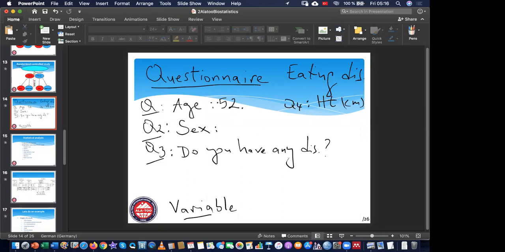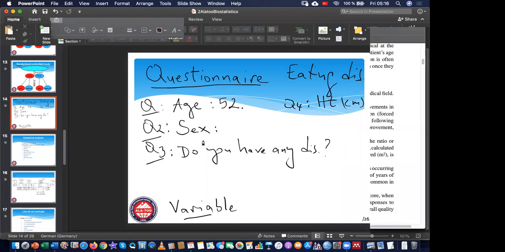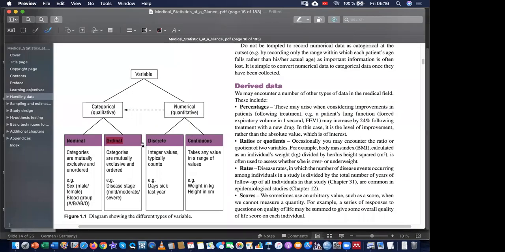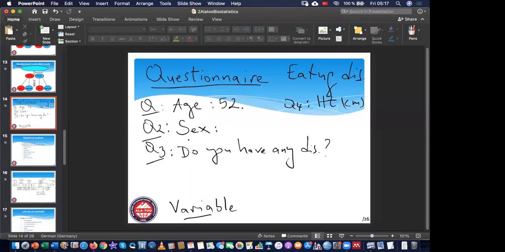So this is actually continuous data, but we treat it as discrete. By the way, it is not that important to differentiate between discrete and continuous. It is enough if you say we have numerical data. They are not so important during the statistical analysis.